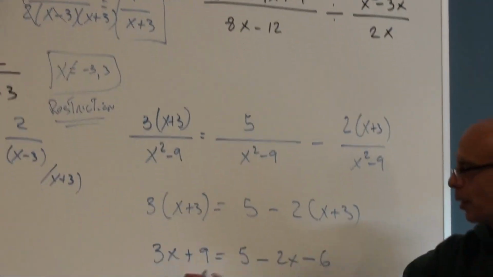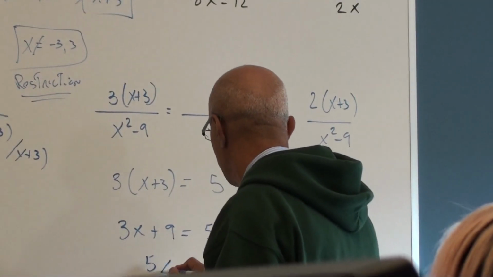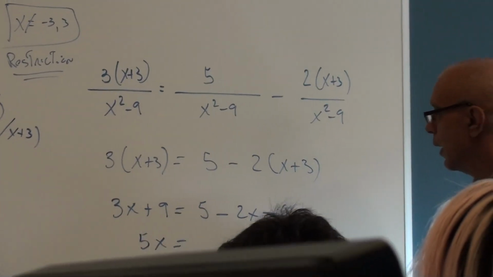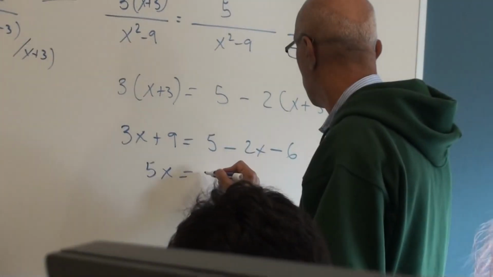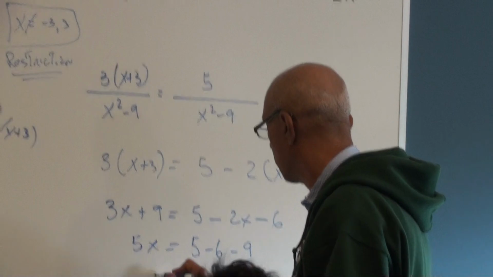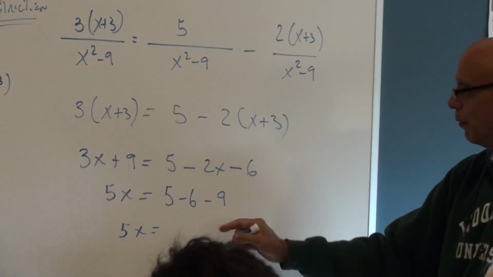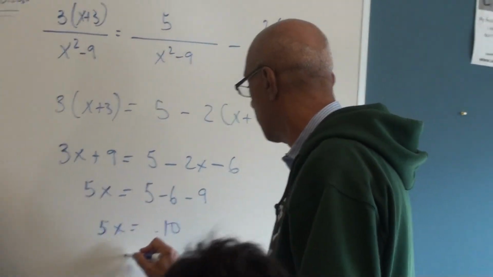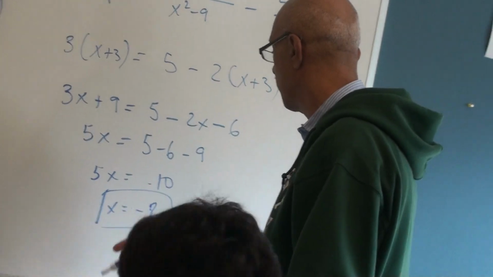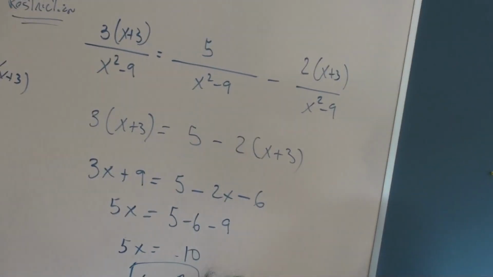Let's move x to the left side, so I add, so I'm going to have 5x equals, 9 goes to the other side, 5 minus 6 minus 9, so 5x equals negative 15 minus... negative 10, so x is negative 2. Negative 10 divided by 5 is negative 2. So that is the solution, okay?